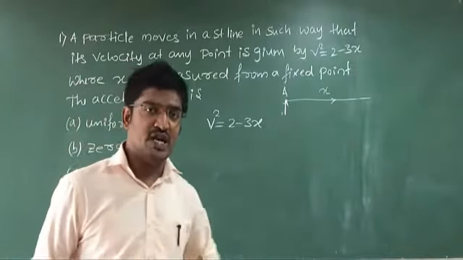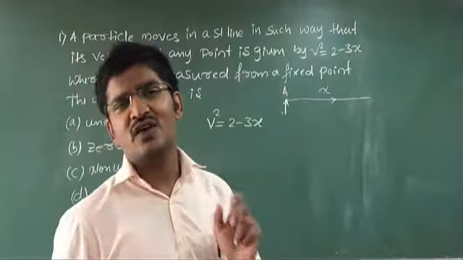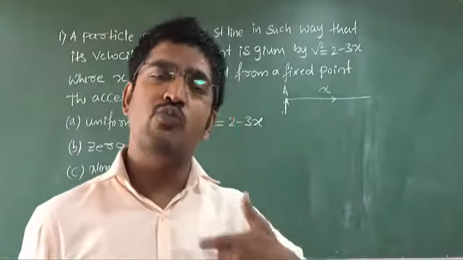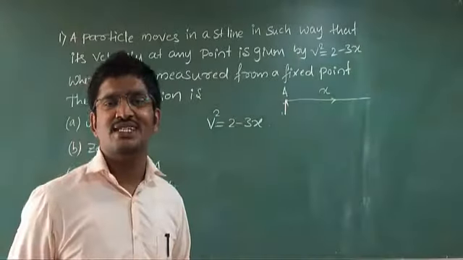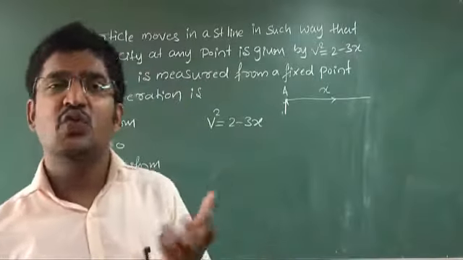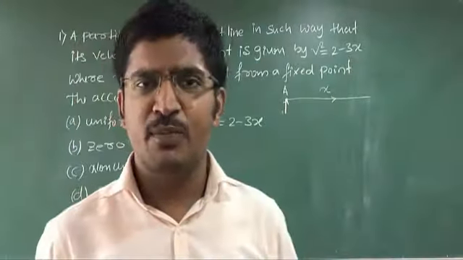indeterminate. My dear students, if you have in-depth knowledge of velocity and acceleration and the geometry of a straight line, you can tell the answer without calculating. Are you getting my point?